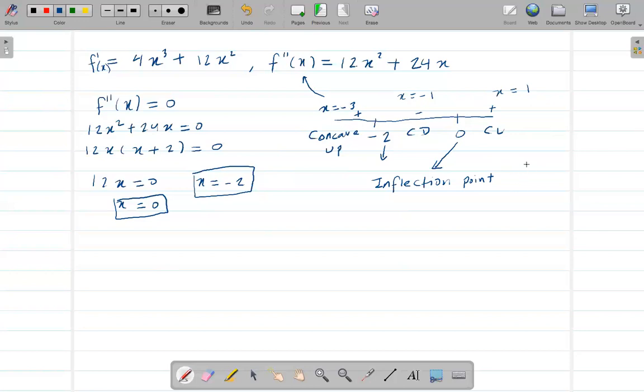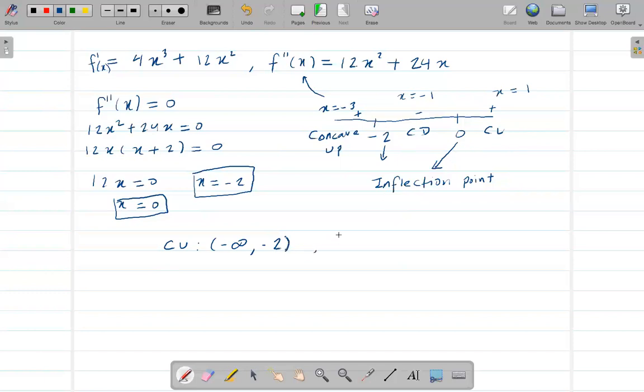All right, so first let's write down the concave up and concave down intervals. The concave up intervals are these two, right? This one is from -infinity to -2, that's one interval.